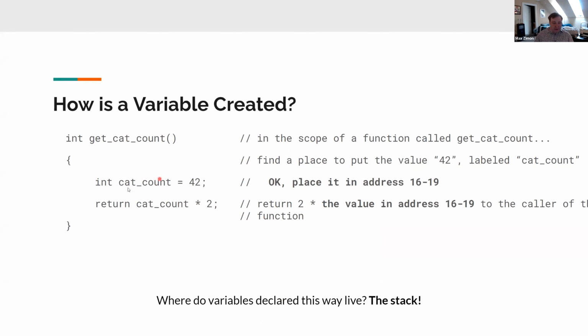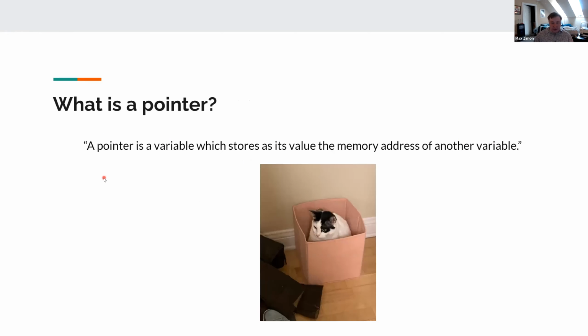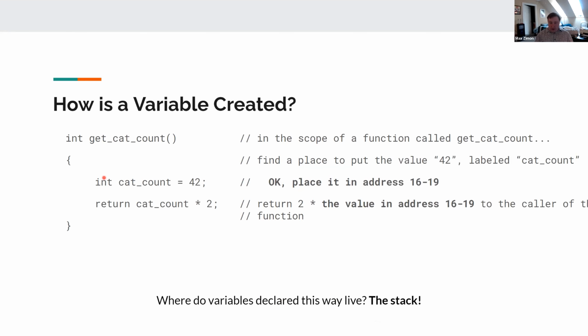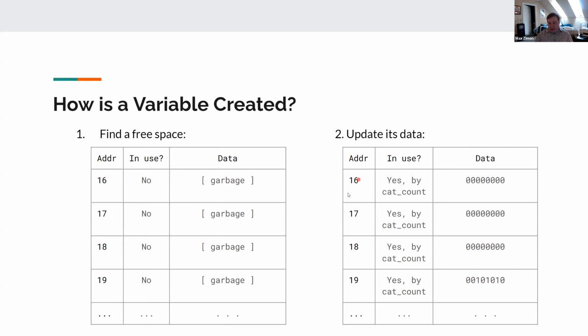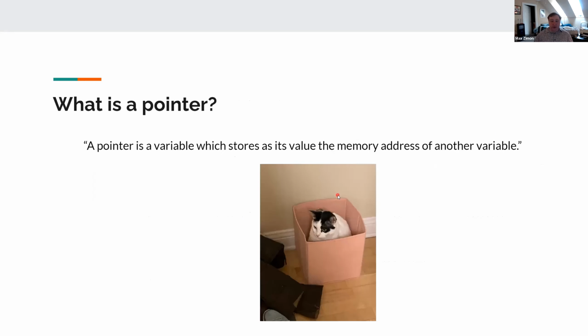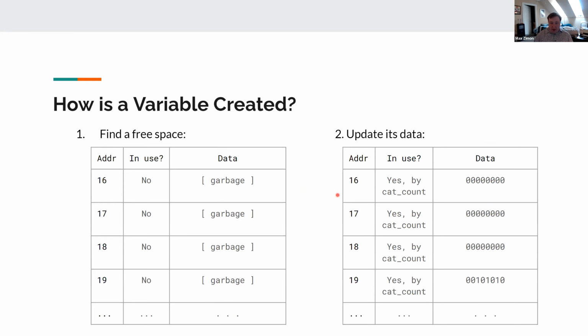We know that we can have a variable of some kind of type, right? The variable type for this is an integer. So what if we say, instead of an integer, I'm going to store one of these address numbers? What if I want a variable that says 16, but then when I interpret the meaning of 16, what I mean is the memory address 16? Because cat count, as you saw, stores the value 42.